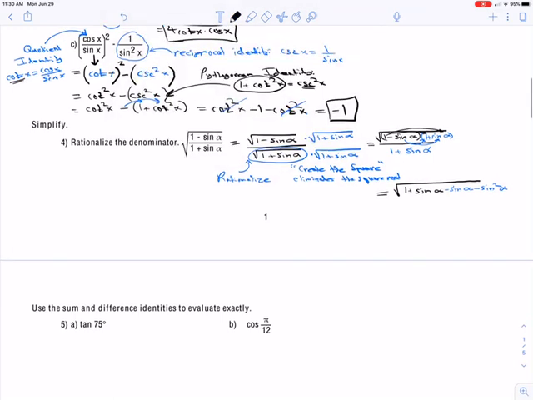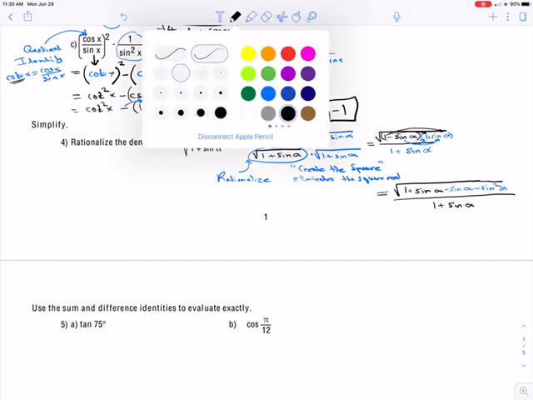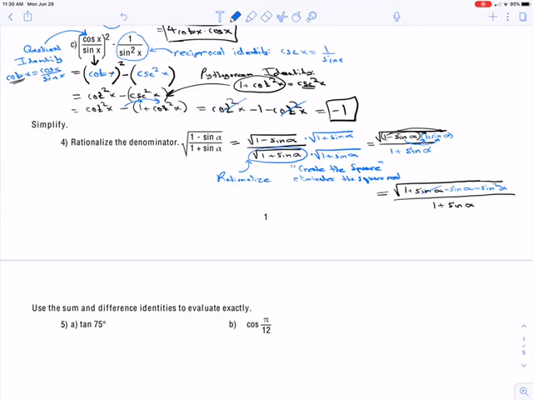And all that's divided by 1 plus sine alpha. And then what happens in the numerator? The sine alphas cancel out, and we end up with the square root of 1 minus sine squared alpha.